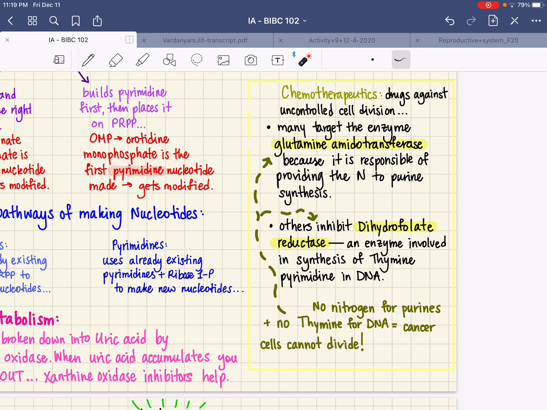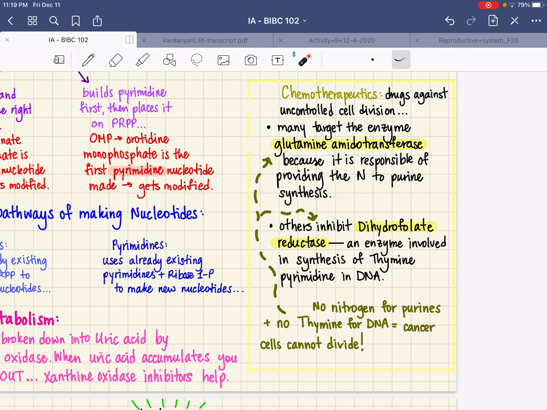We can no longer synthesize viable DNA. And if there's no viable DNA, then there will be no cell division, meaning the cancer growth should stop. So there are two types that we discussed in class. I'm sure there's many more, but these are the two that we talked about.